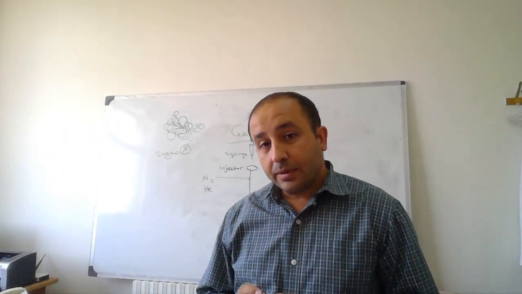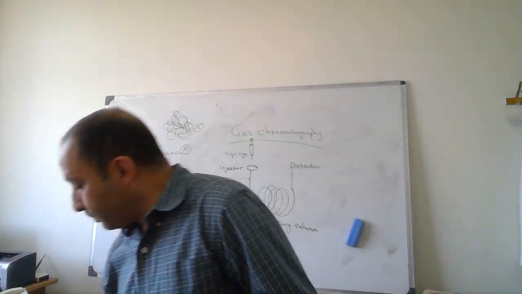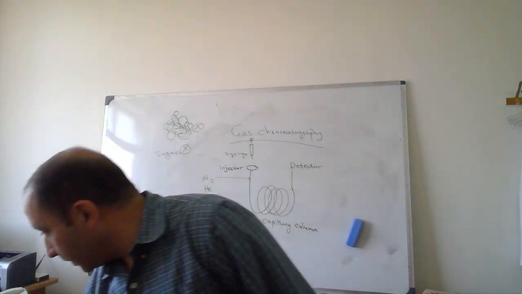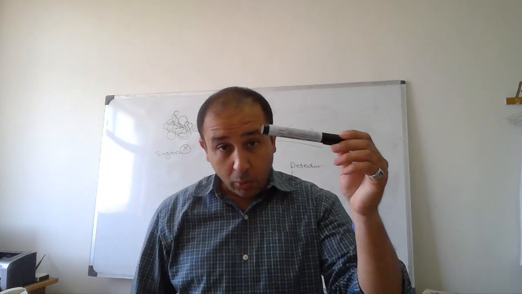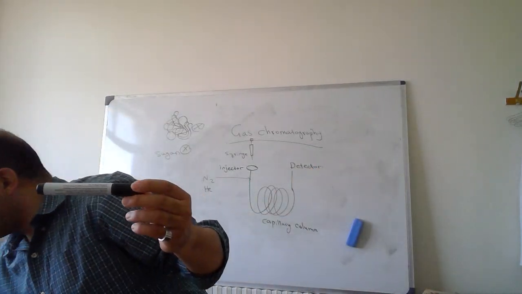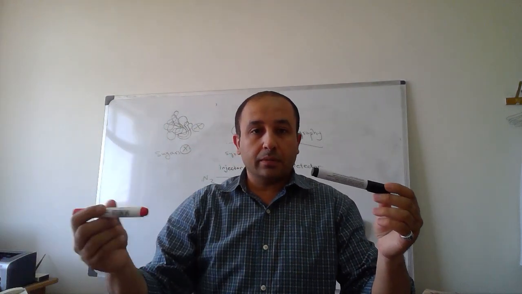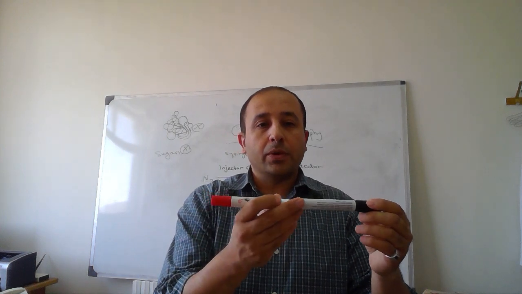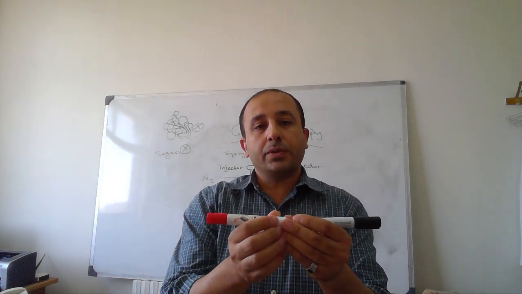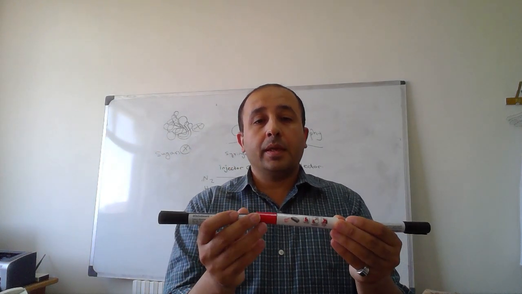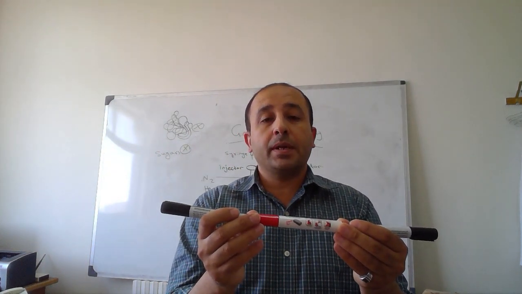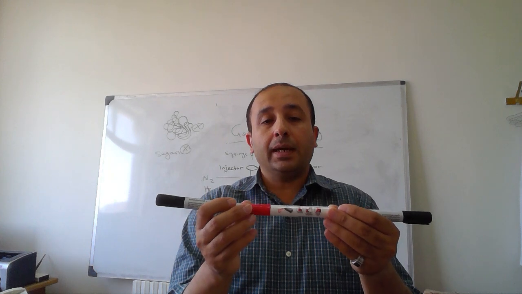When the compound is polar, consider this as a polar compound. A polar compound can make strong intermolecular bonds. So we will have bonds among the molecules of the same type of the analyte.